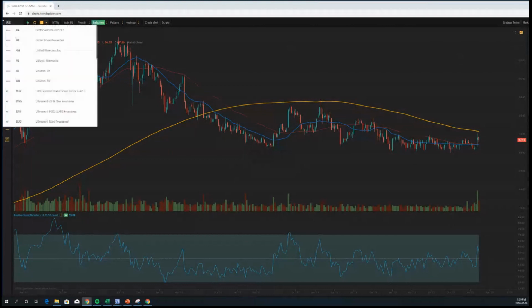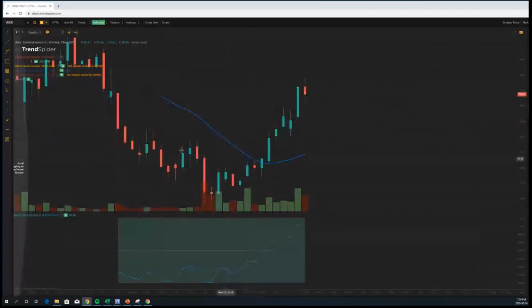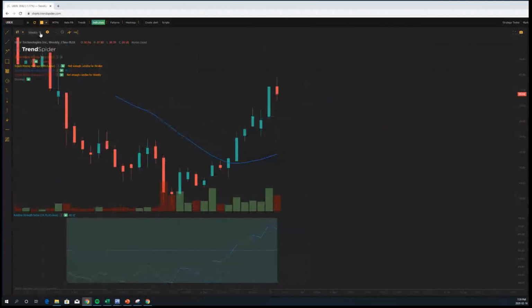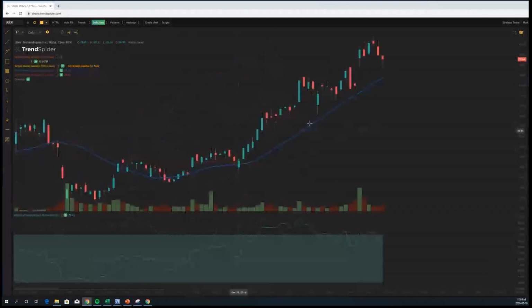Yeah, so Uber, they had a really good earnings last week or something like that. I don't know which day their earnings was. This is the weekly chart, we want a daily here. So on the daily chart, you can see it's trending against the 21-day moving average. You're going to want to see if it can actually hold that before you get interested in it.